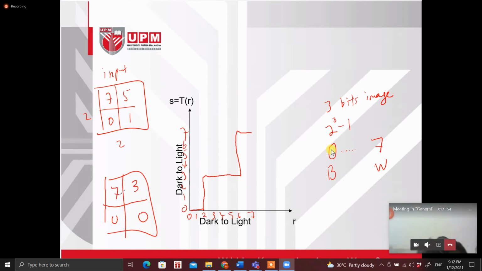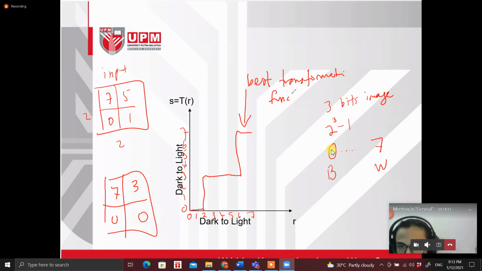And 7, you get 7. So this is going to be the output image. Your role here is to find what is the best transformation function. So do I have an answer to that?